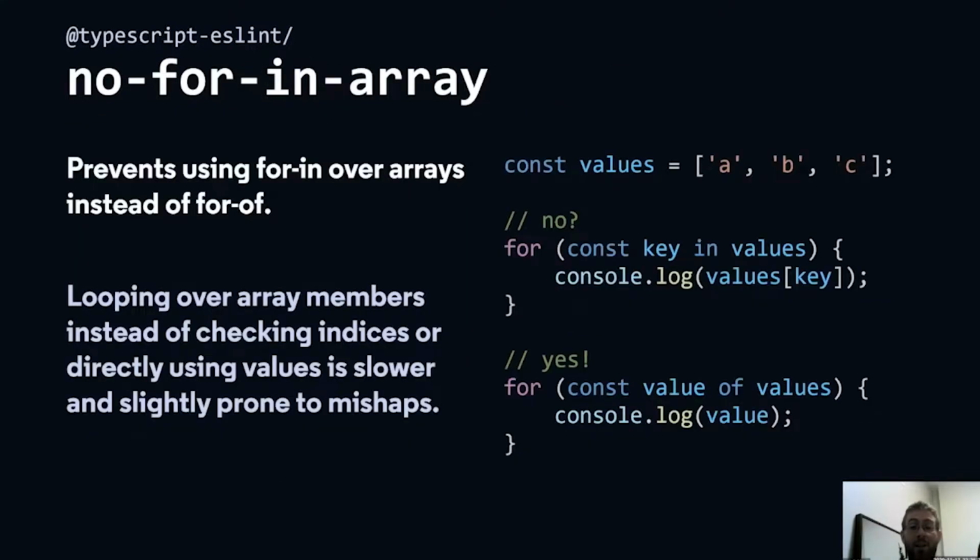No for in array is another good canonical example of a rule that's only possible with the TypeScript type system or equivalent. Fun fact, it's not really a good idea to use a for in loop over an array in JavaScript. It's not the end of the world most of the time, but it's a little slower because it checks all enumerable values, some fancy JavaScript hoo-ha that's mentioned in the Stack Overflow that's in the slide notes.